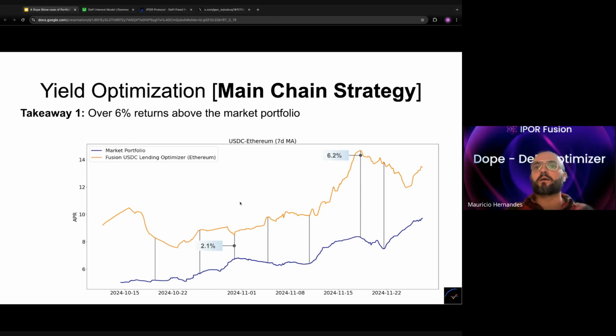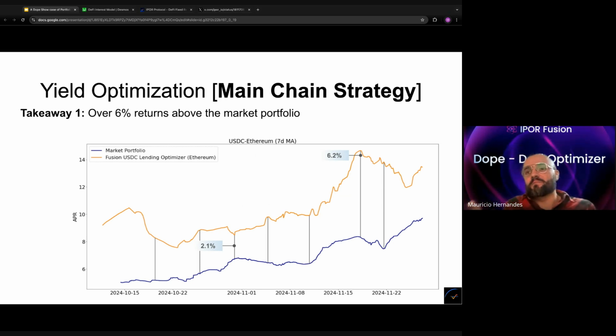So what we found with this strategy in production, running on mainnet since October, is that at times we got even more than 6% higher returns than the market portfolio benchmark rate. And that already hints that there's room for yield optimization on the blockchain.